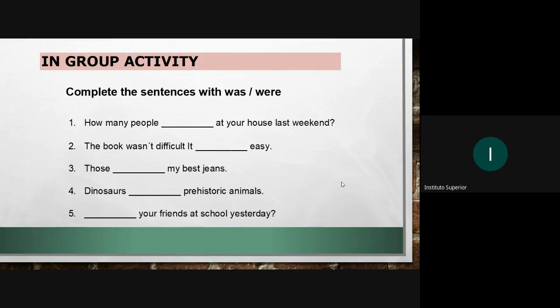Dinosaurs were prehistoric animals. Very good. Number 5. It's a question. Were your friends at school yesterday? Very good. Both of you did it well. Good. You did very well.